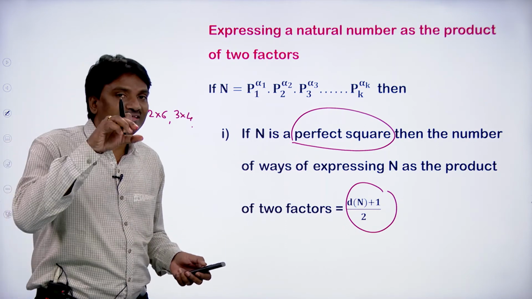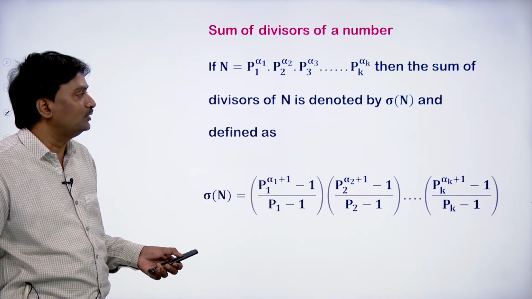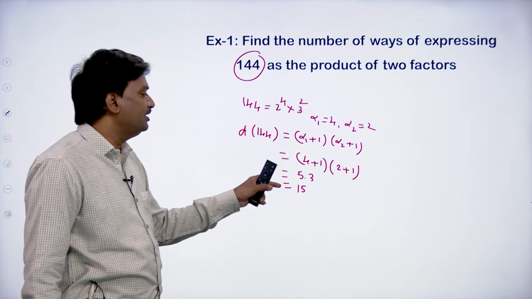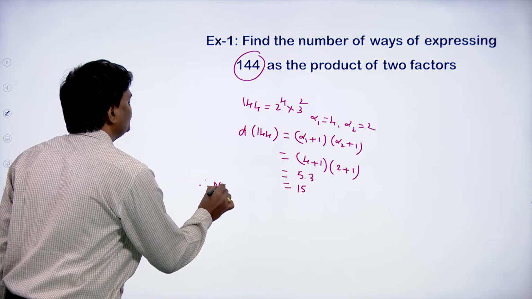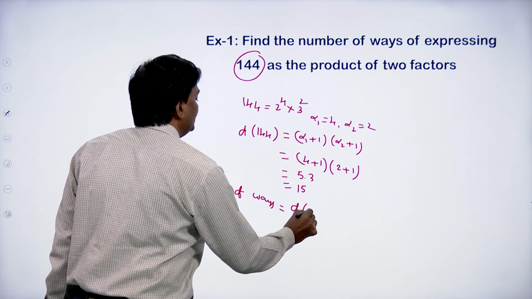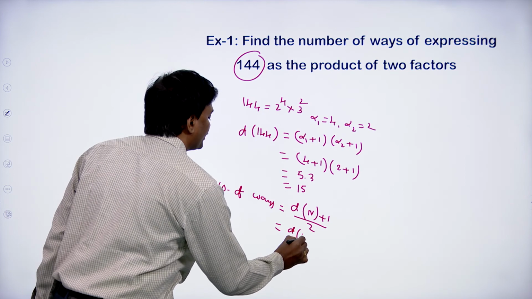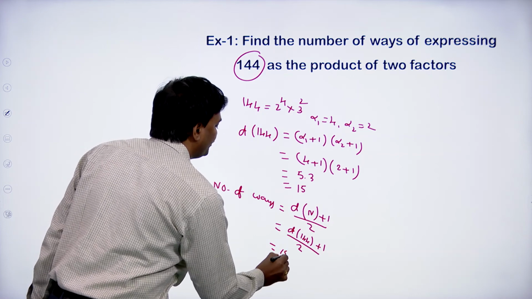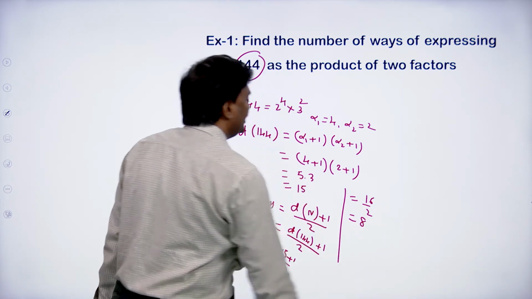Since 144 is a perfect square, because it is 12 squared, we have to use the formula (d(n) + 1)/2. Here d(n) equals d(144). Therefore the number of ways equals (d(144) + 1)/2, where d(144) is 15. So (15 + 1)/2 is 16/2, which equals 8.